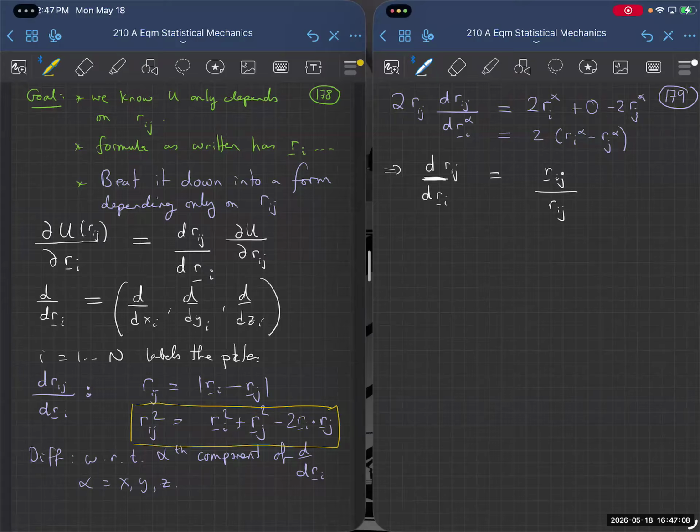And so that's what we have here. Similarly, I can do this with respect to Rj. If I took dRij by dRj, that's going to be the negative of this, it's going to be minus dRij by dRi, and then that is equal to minus the vector Rij over Rij. So I'm being very careful here to distinguish scalar quantities from vector quantities.